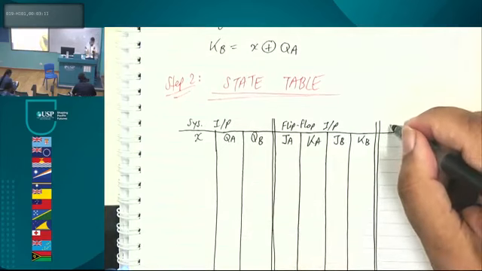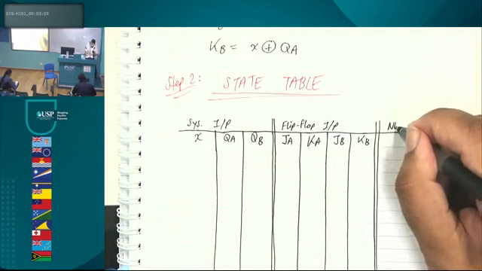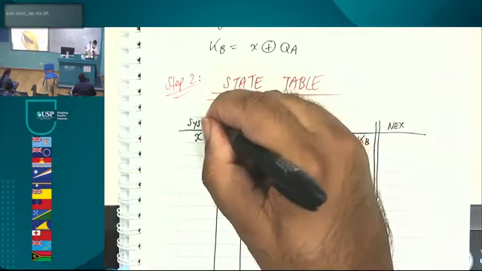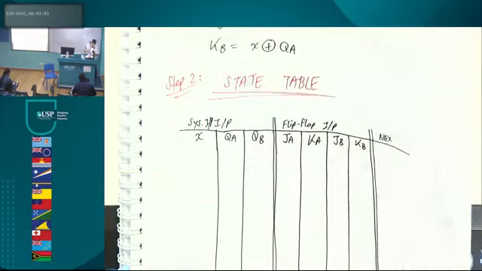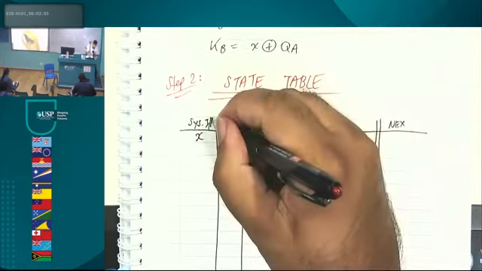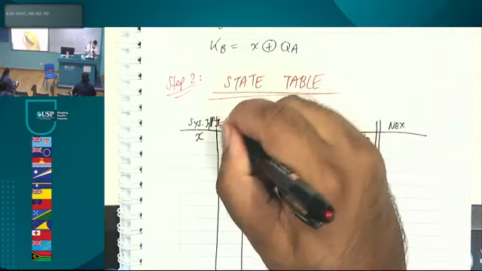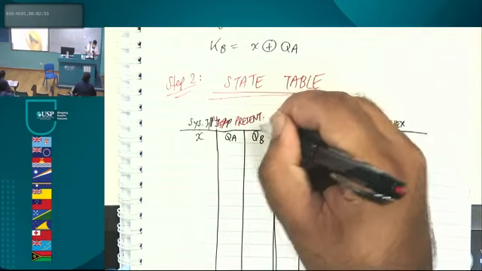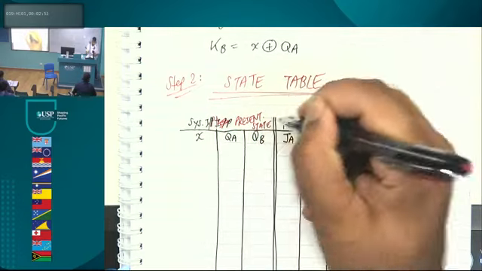What happens next? Next state. Oh, this is system input. Sorry, I made a mistake. System input. And this is present state.